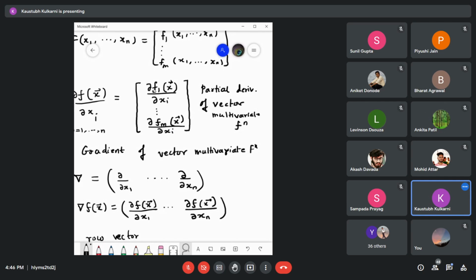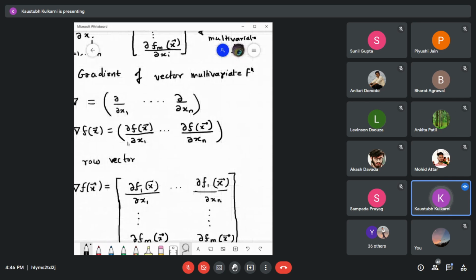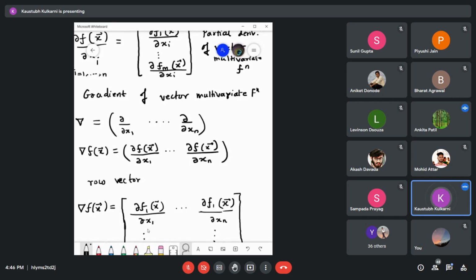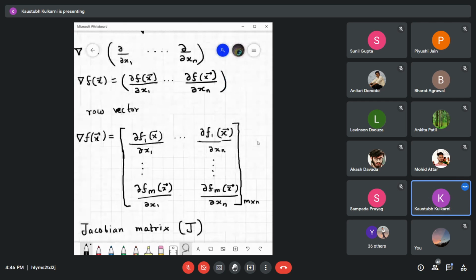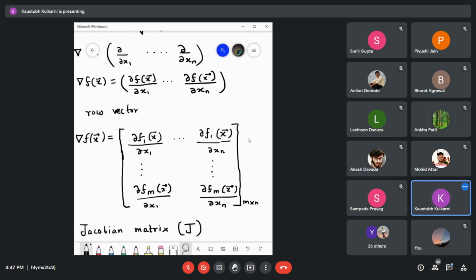It is substituted by dou f1 by dou x1, dou f2 by dou x1, dou f3 by dou x1. So the first column is the partial derivative with respect to x1, the second column is the partial derivative with respect to x2, and the nth column is the partial derivative with respect to xn. Are you getting it? Is it clear? Yes, sir.